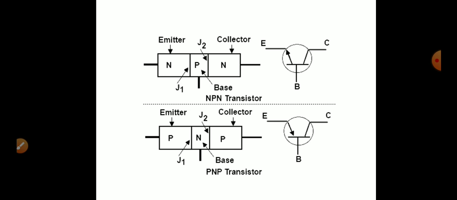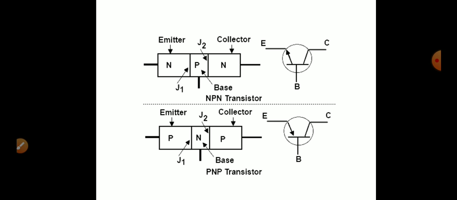In an NPN transistor, the three regions are emitter, base and collector. Here the size of the emitter is in between that of the base and collector. That means the collector has a larger size and the base has a smaller size.